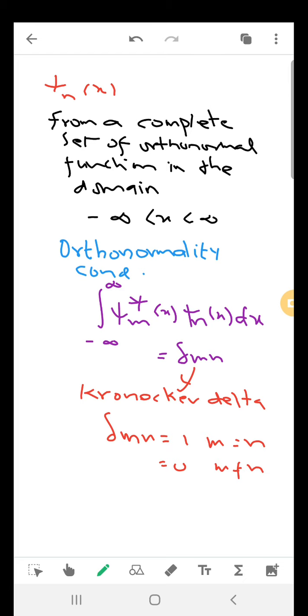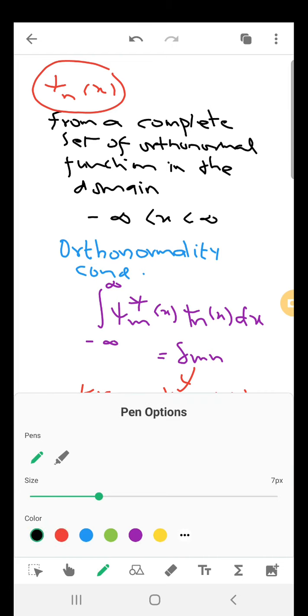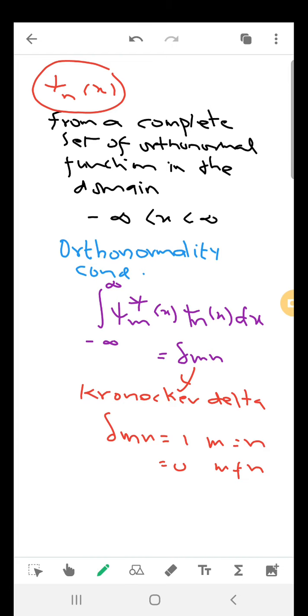Now, since psi n x is a complete set of functions, we can expand an arbitrary well-behaved function phi x in terms of psi x.